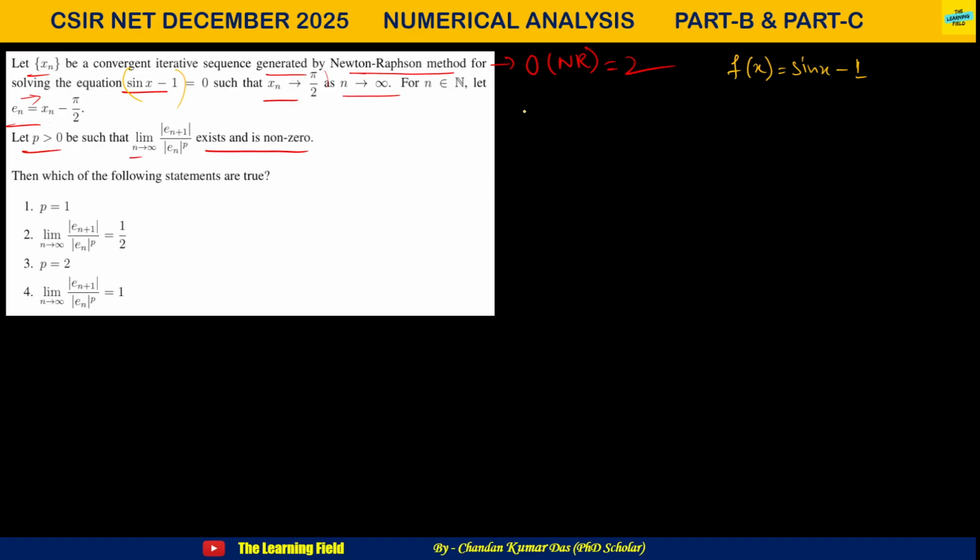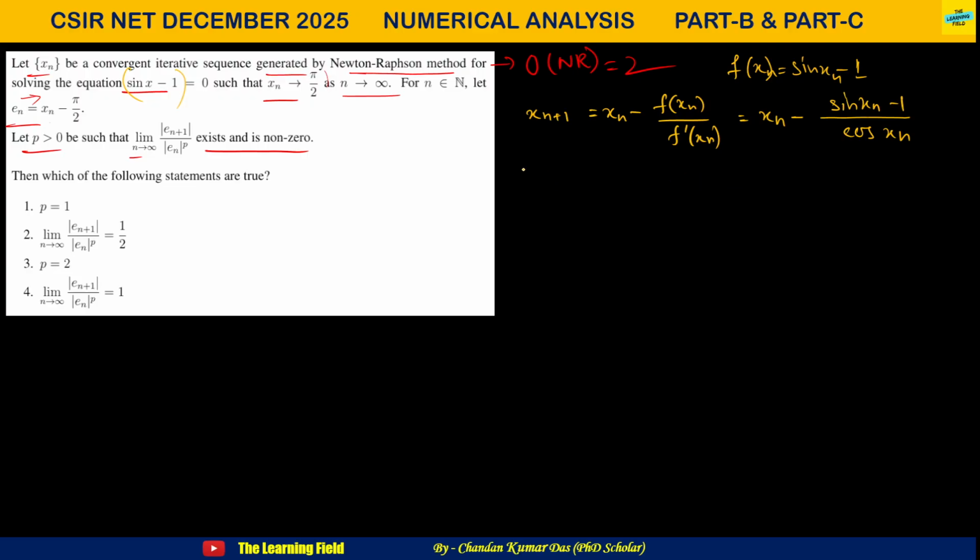Therefore, we know the iteration scheme for the Newton-Raphson method: xn plus 1 equal to xn minus f of xn by f dash of xn. So this is equal to xn minus f of xn, which means sin xn minus 1, by f dash of xn, which means cos of xn. Now, what is given?